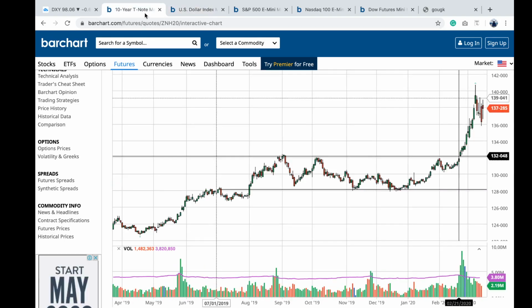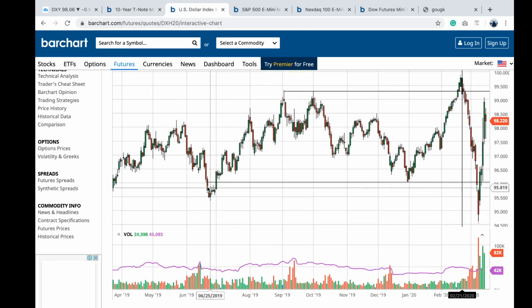But now, around August, there was bullish accumulation on the 10-year treasury note and an explosive move to the upside. If you also look at the dollar in the same time period, bullish accumulation and explosive move to the upside. So now something fishy is going on.